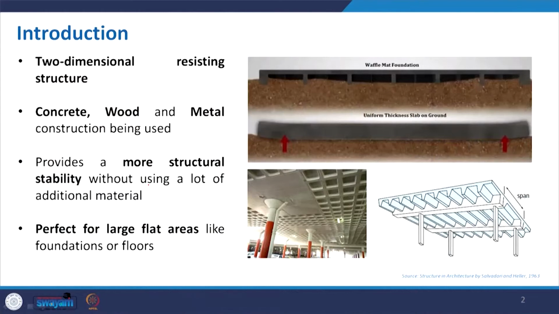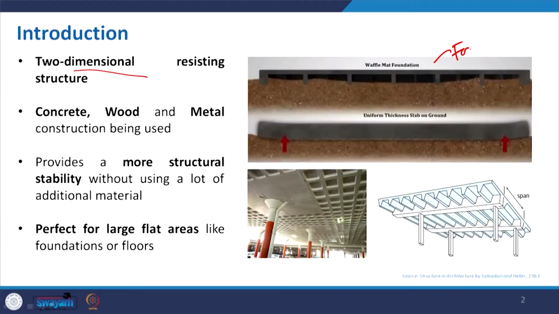Coming back to the first slide, it is said that it is two dimensional: not in one direction, but in both directions we have beams, and they are interacting with each other. Whenever there is a point load, it can be easily distributed. This kind of structure can be applied for the foundation, where the surface is very flat, and also as ceiling or floor.